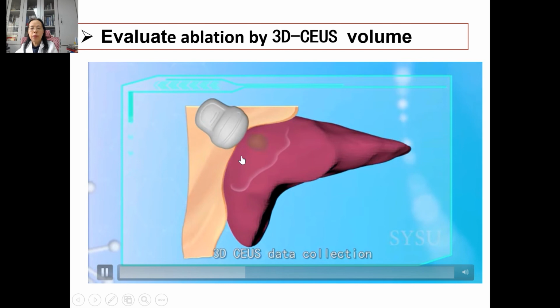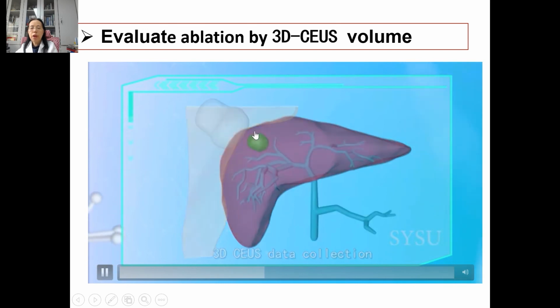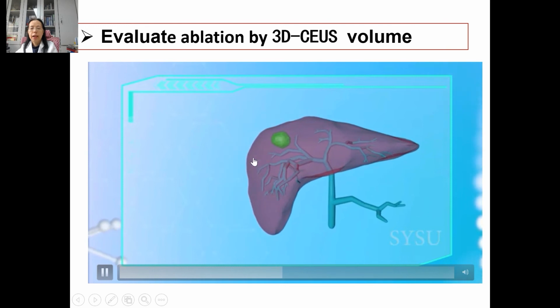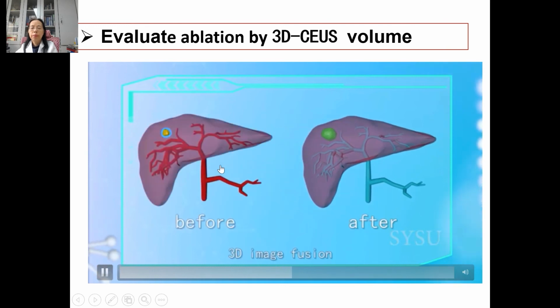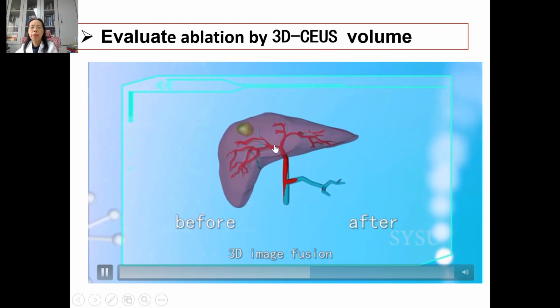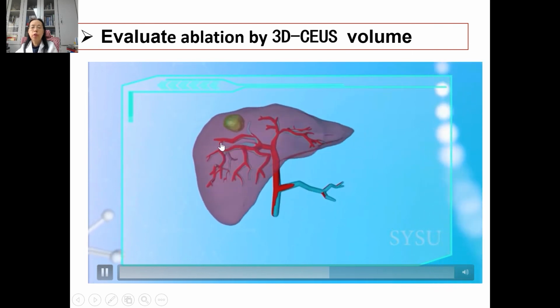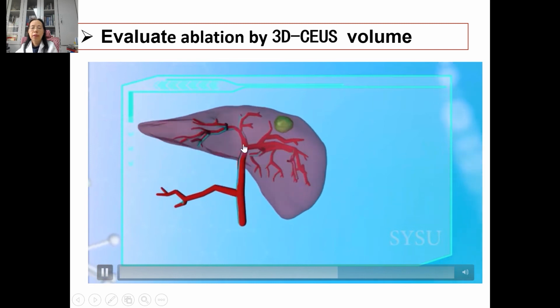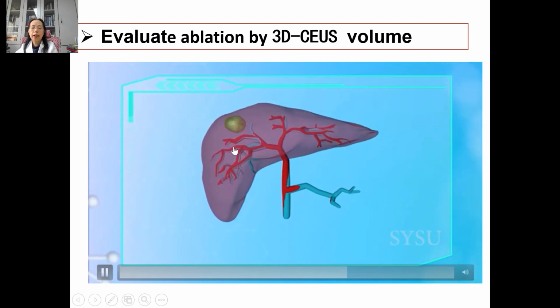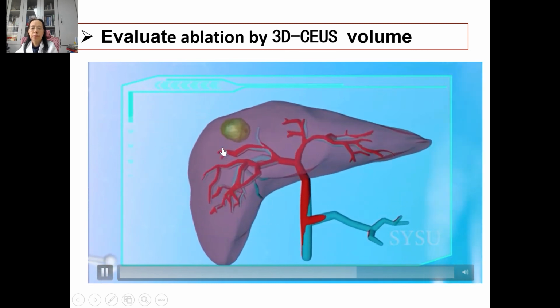After ablation, we collect the volume of the ablation zone by contrast ultrasound, and then by registration of the main trunk of the vessel, we can register the volume of the tumor before and after ablation.